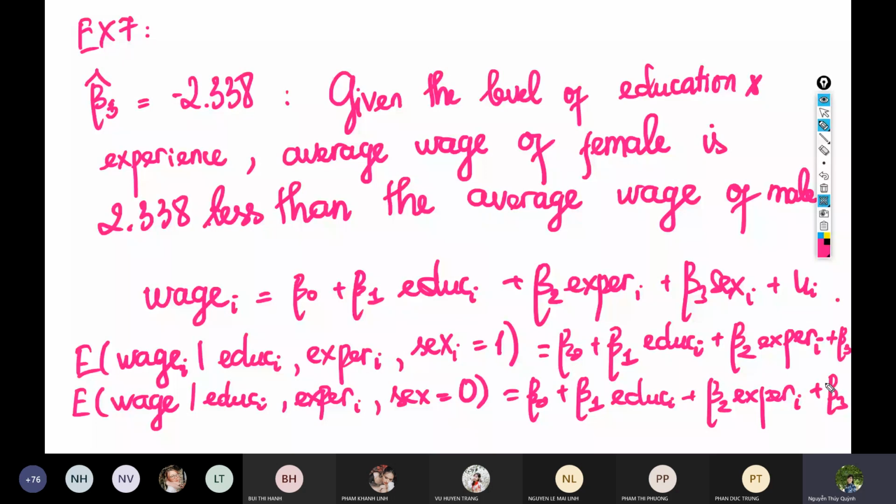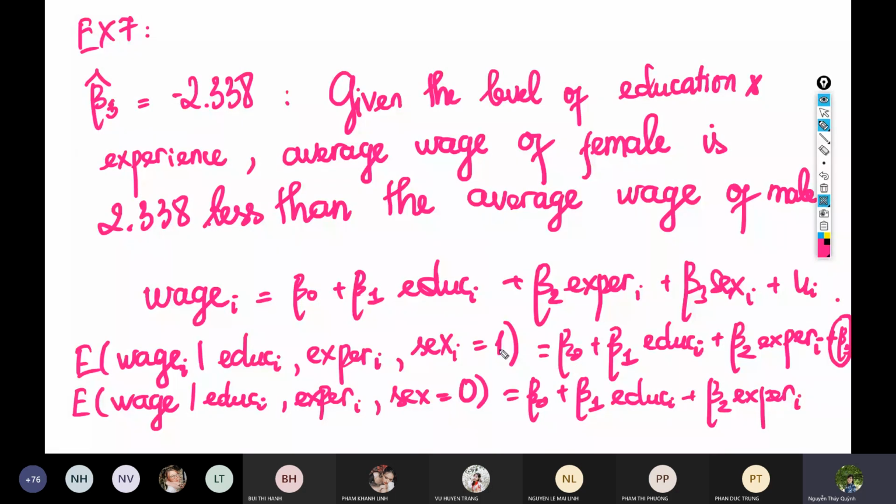So now you can see that beta 3 here is the difference between the average level of wage for male and the average level of wage for female. So when we estimate that beta 3 equals minus 2.338, it suggests that given the level of education and experience, the average level of wage for female is 2.338 less than the average level for male.